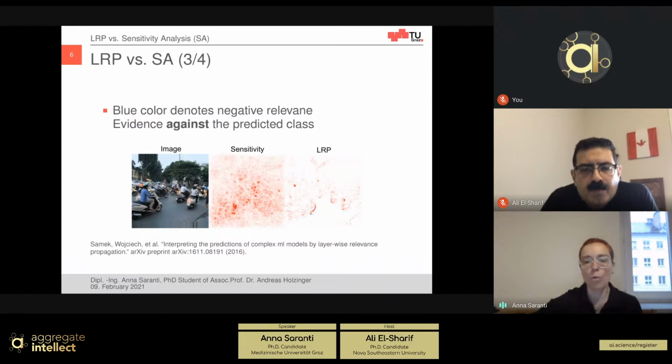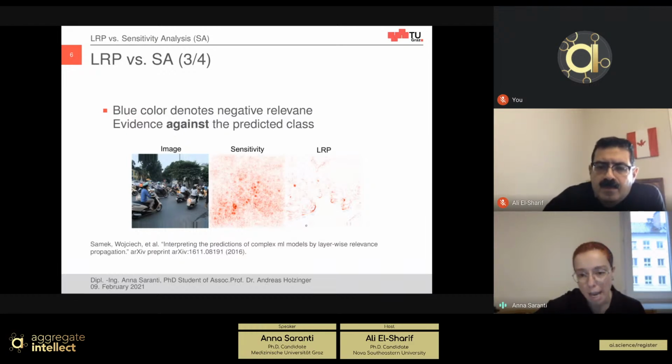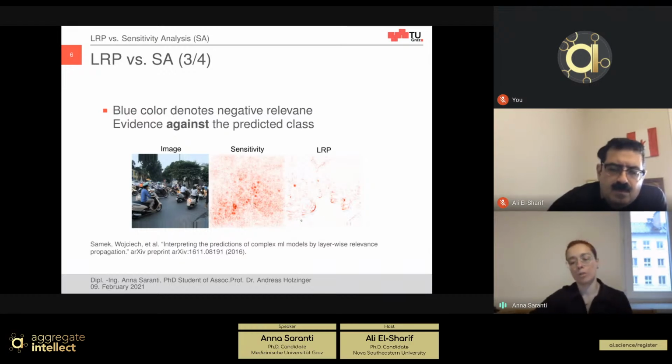And there's also one differentiation between sensitivity analysis and other heat mapping methods with LRP, which is the areas that are denoted by blue. This shows that there are also parts in the input images that have so-called negative relevance, meaning that they speak against the prediction. And I will come to this a little bit later.